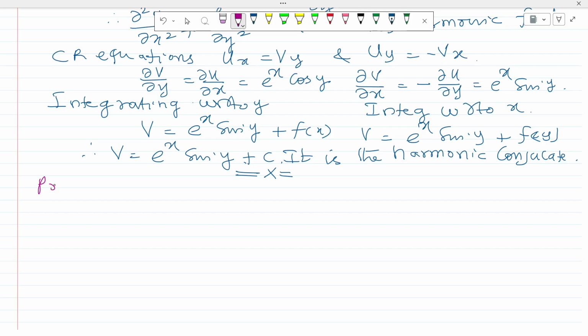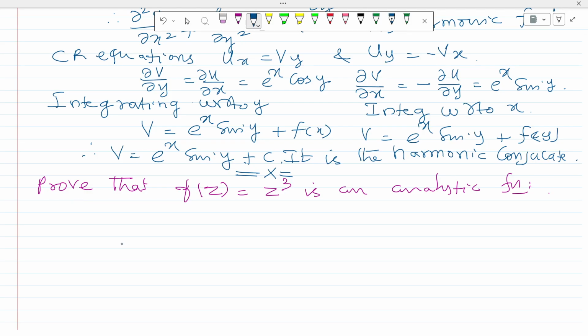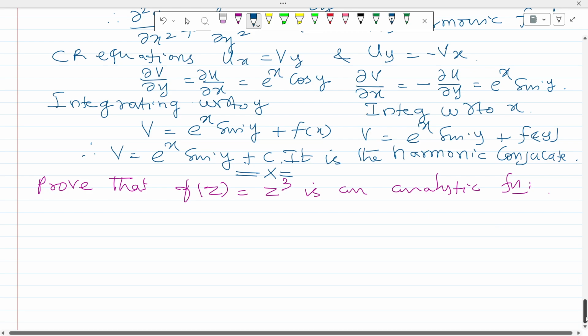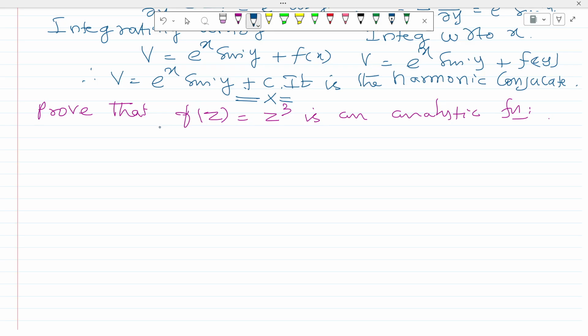Prove that. So I have done many problems. At least one problem you have to do. Prove that f of z equal to z cube is an analytic function.